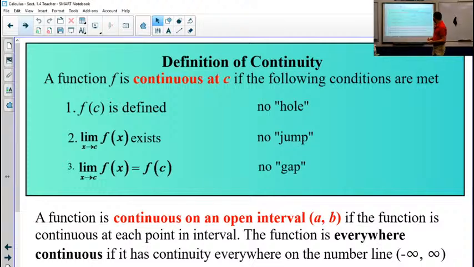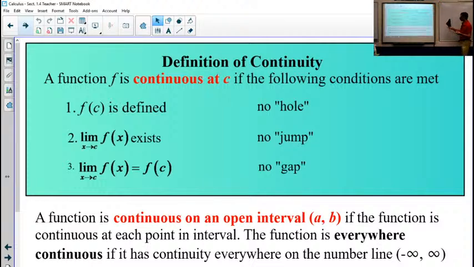And then no gap, meaning that we don't have the points suddenly coming together, and then it jumps up here. Right? So if we had something like that, that's not continuous. I had to pick up the marker to draw this other point.